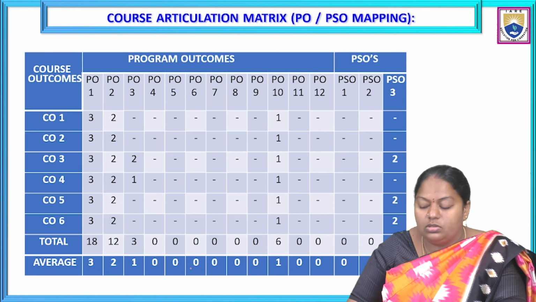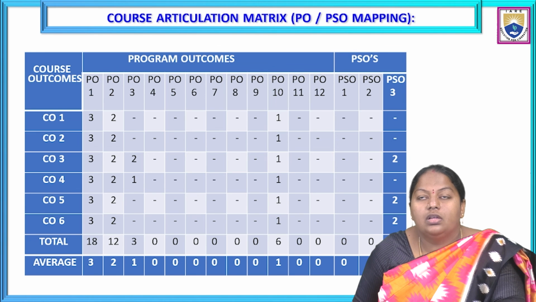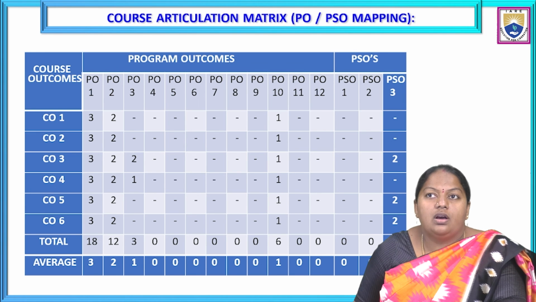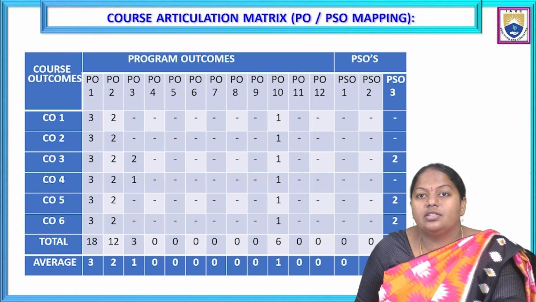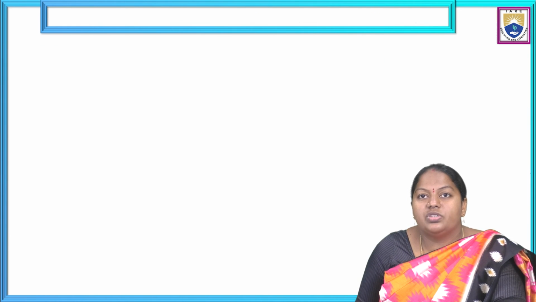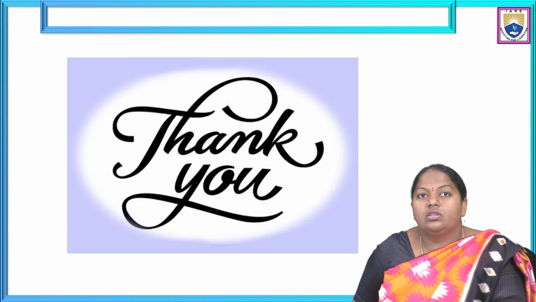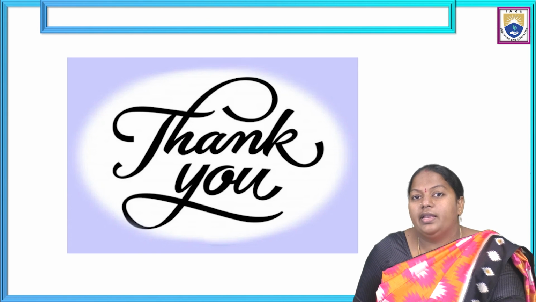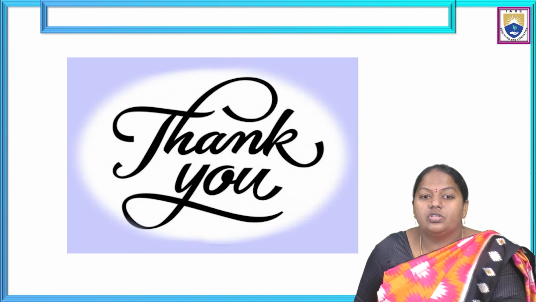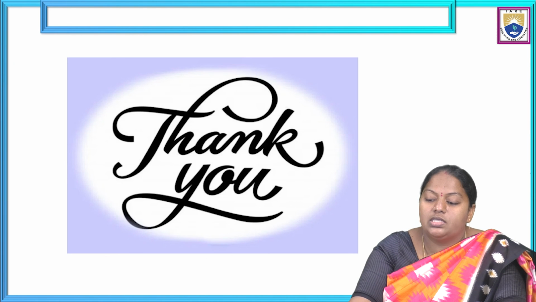Right? So this is about how OBE is applicable and considered in my particular course, electromagnetic waves and transmission lines. Right? So why OBE? What are the uses of OBE, and what are the key aspects involved in the OBE? Then how the 12 POs are considered?